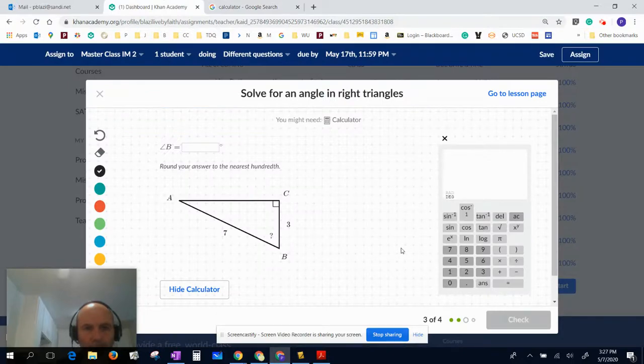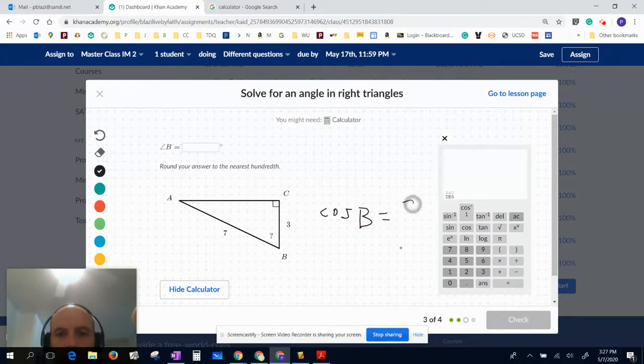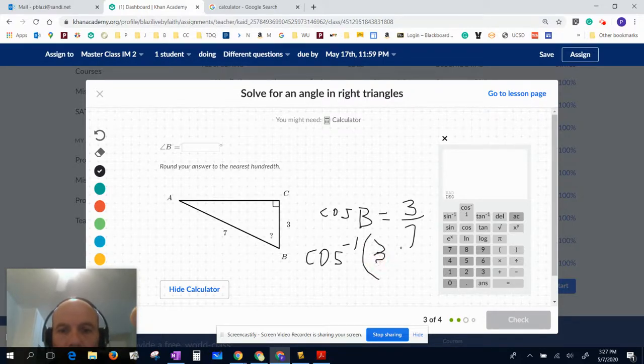Same problem, see that? Same problem. So I forgot how hard it is to write. Cosine of angle B equals 3 over 7. So the inverse cosine of 3/7 is going to give me my angle. We just did this, so if you need this. So I wanted to show you on this calculator.